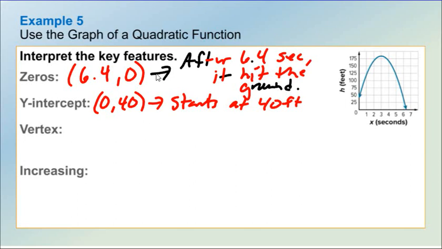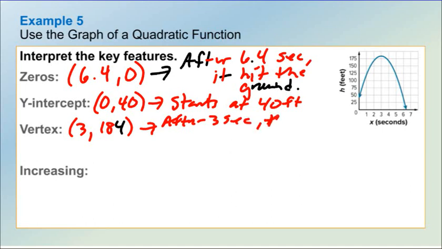The vertex we said was 3, 184. And that means max height, or after 3 seconds, the max height is 184 feet.